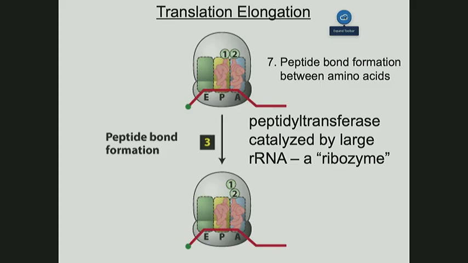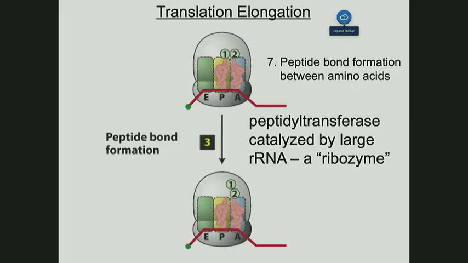And so now we're ready to do the catalysis to actually form a peptide bond between those 2 close amino acids. And so the enzyme activity is a peptidyl transferase reaction, and we now know that that is indeed catalyzed by the ribosomal RNA. It is a ribozyme. It is the RNA that is catalyzing the peptide bond formation between these 2 amino acids.